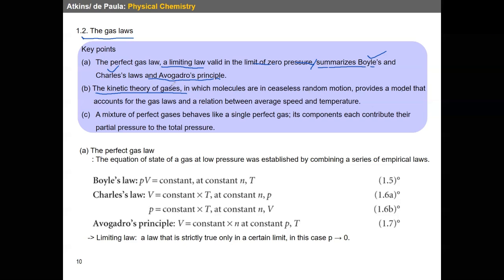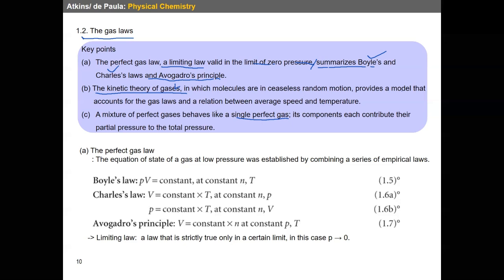So we will learn about the kinetic theory of gases, which can be used to express the relation of average speed and temperature of gases. And also, a mixture of perfect gases behaves like a single perfect gas. Each component in the mixture contributes its partial pressure to the total pressure.